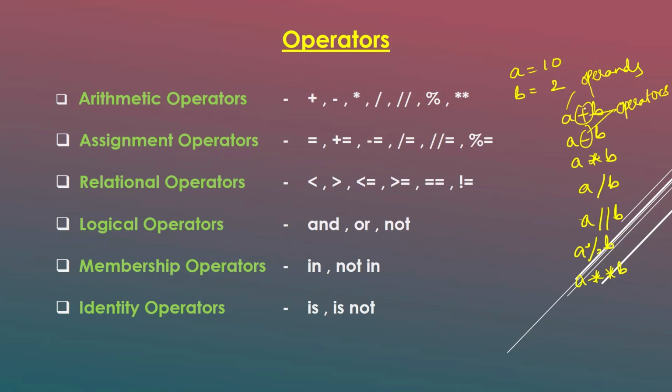When you keep these operators between the operands, we achieve a result. So keep these expressions inside the print function so that you will get the outputs.